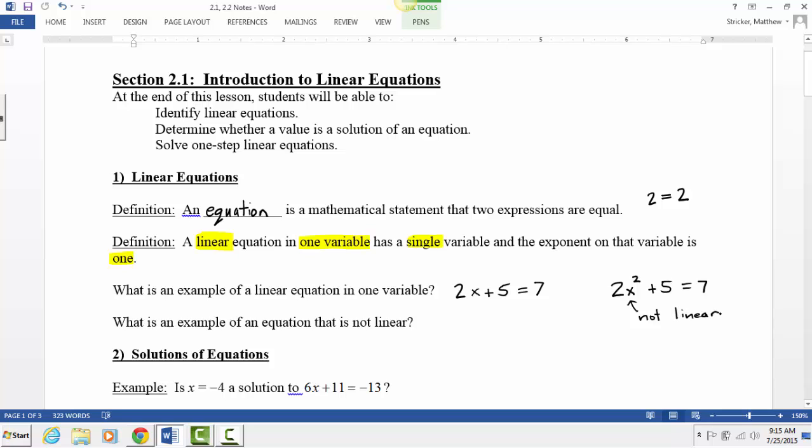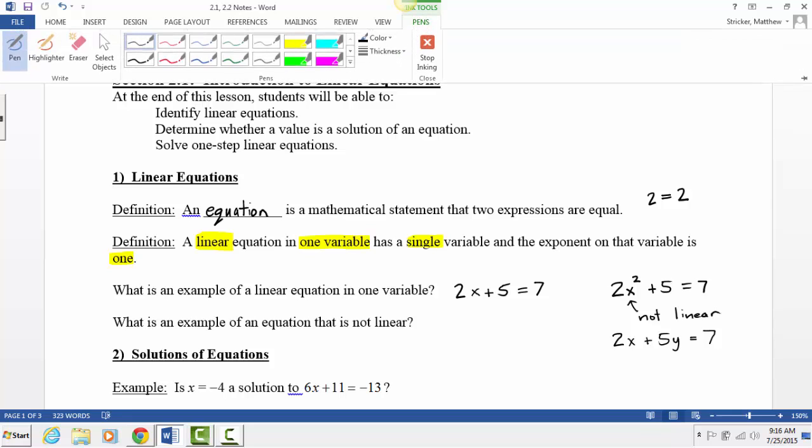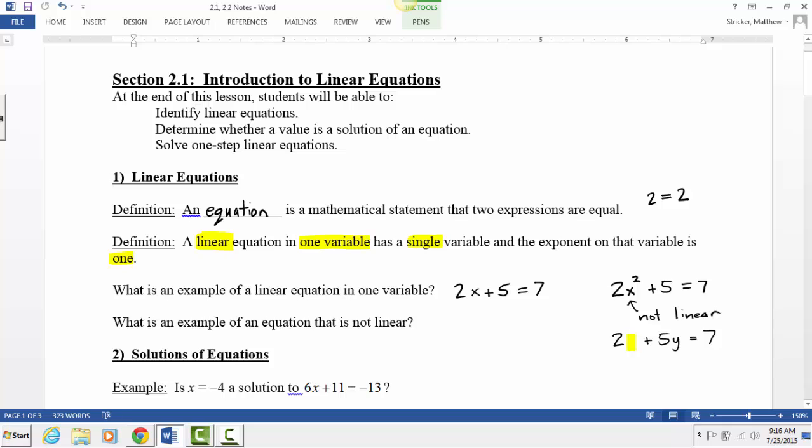What about this one? 2x plus 5y equals 7. Is that a linear equation in one variable? Well, it turns out it is a linear equation, but it's not a linear equation in one variable. There are two variables. There's an x and a y.